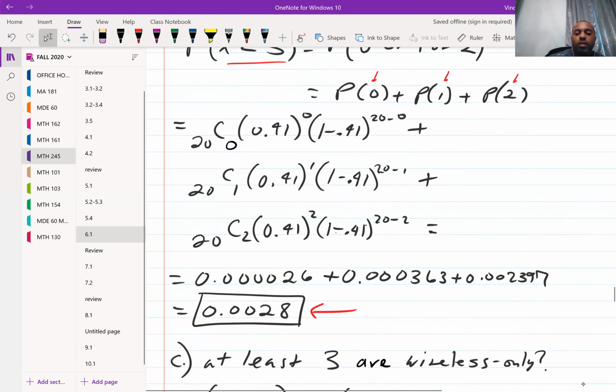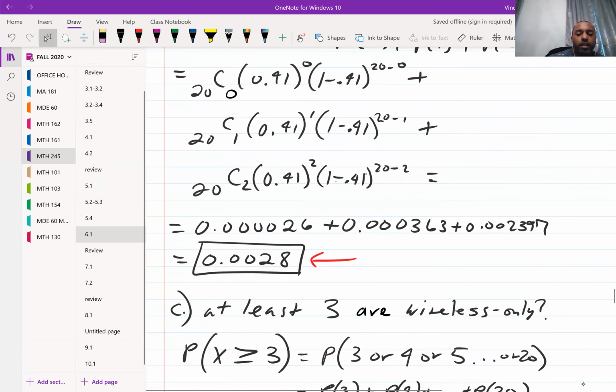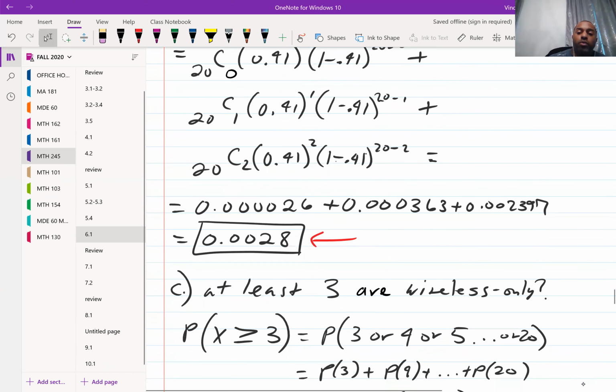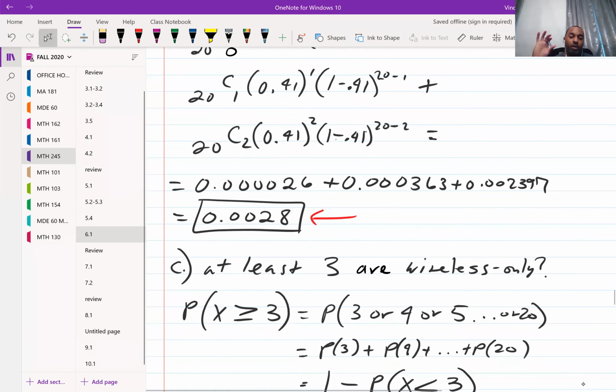All right, so the next one, C, says at least 3 are wireless only. When you talk about at least 3, that means 3 is the least of your values, so you're talking about 3 all the way to 20. What you don't want to do is calculate the probability of 3, 4, 5, all the way to 20, like we just did 0, 1, and 2. Instead we can use the complement rule.